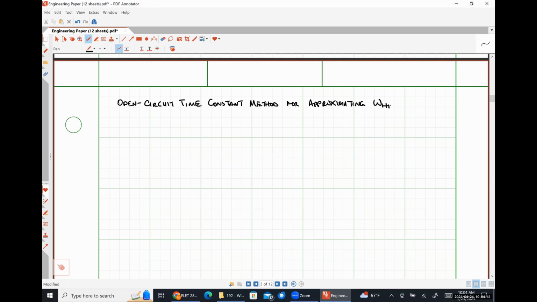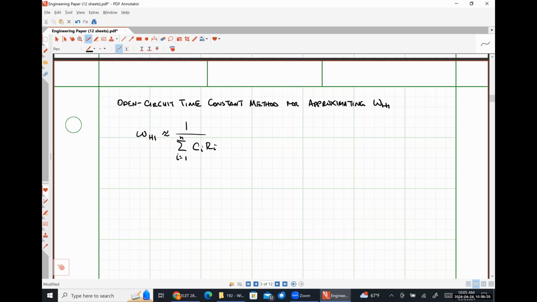So ultimately, we'll see that omega high will be approximately equal to 1 over the sum from i equals 1 to n of C sub i times R sub i, where C sub i is each individual capacitor in our system, and R sub i is the resistance seen by each of those individual capacitors, where all other capacitors are replaced by an open circuit.